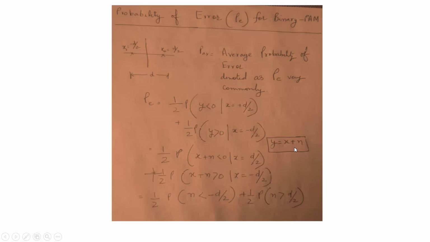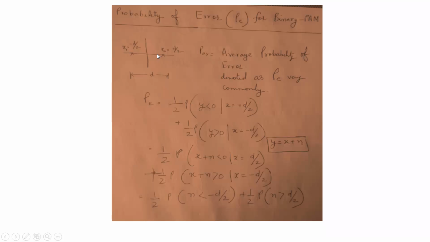Now, we are assuming that the noise is Gaussian. Taking the Gaussian shape, this point is plus d by 2 and this point is minus d by 2. The area under the curve beyond plus d by 2 is the probability that n is greater than d by 2, and the area under the curve beyond minus d by 2 is the probability that n is less than minus d by 2. Both areas under the curve are symmetric.